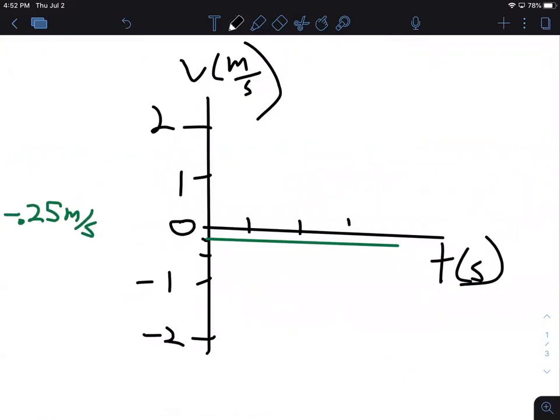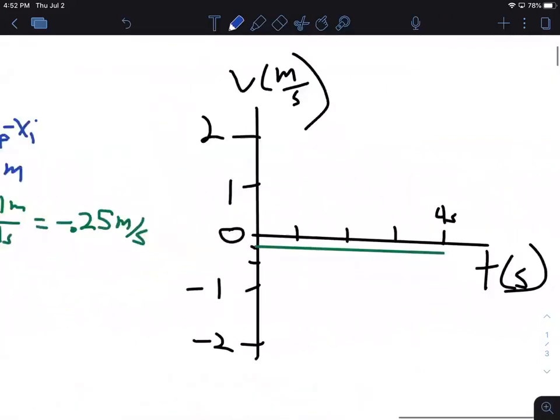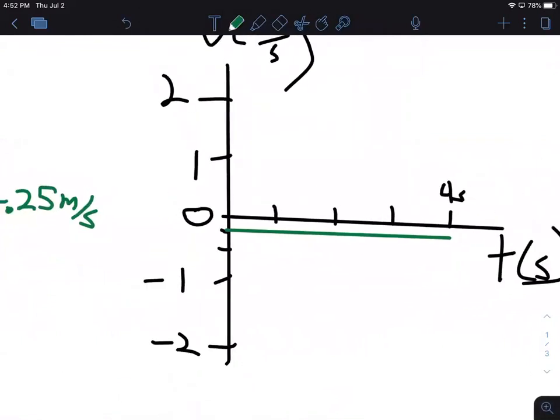1, 2, 3, 4 seconds over those 4 seconds. Again, I could find my displacement, my delta x. We know what it is, but if I wanted to, I could find it. I know this is 0.25 meters per second.